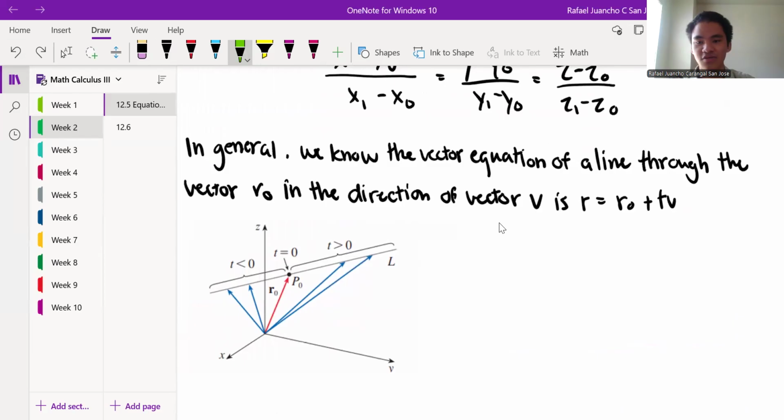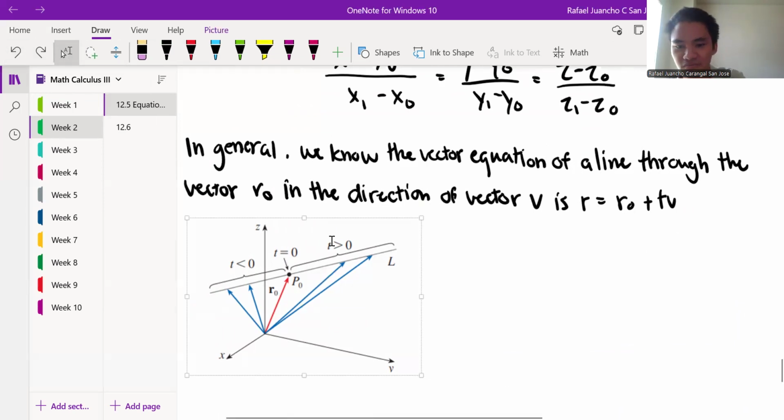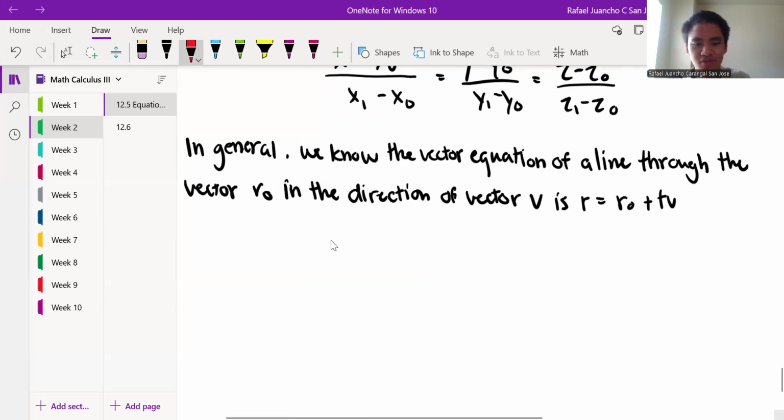And we noted this equation from all of that stuff. So here's the new thing.